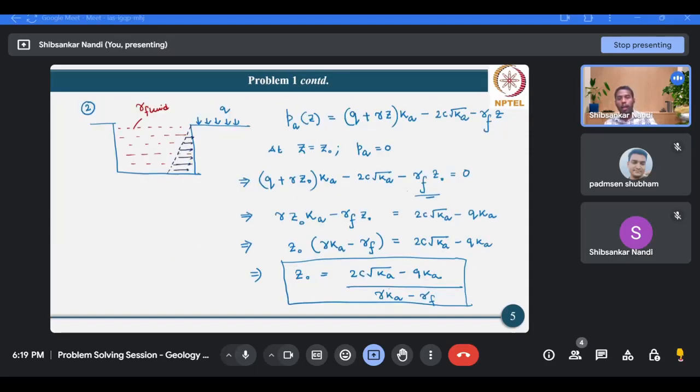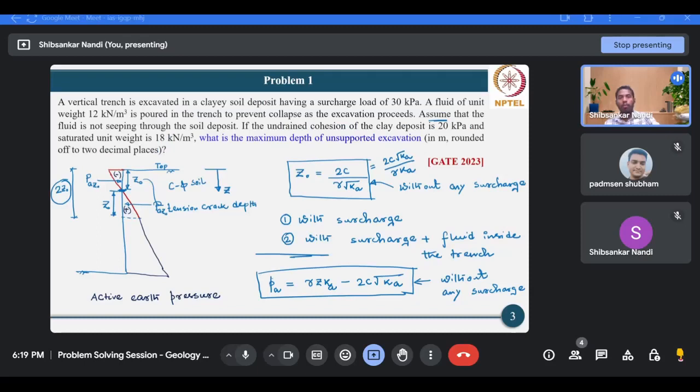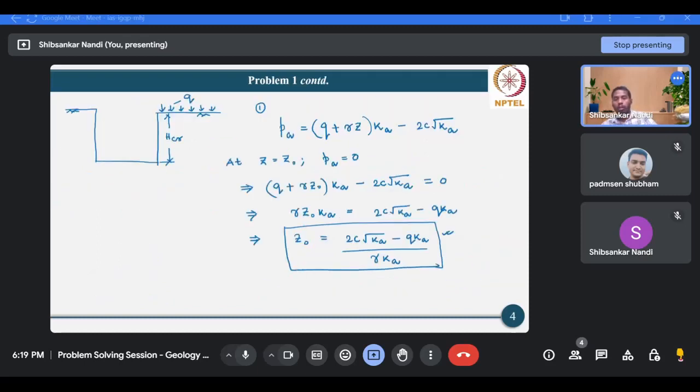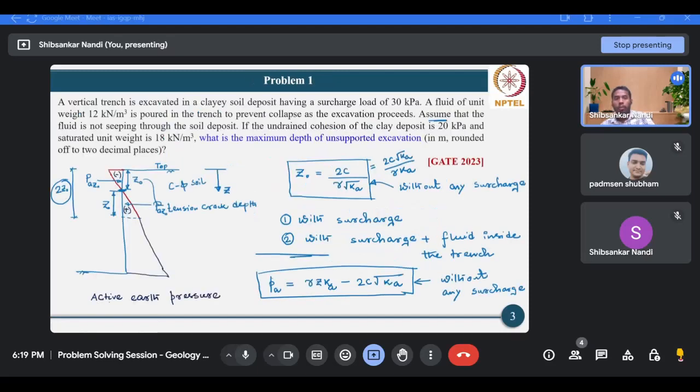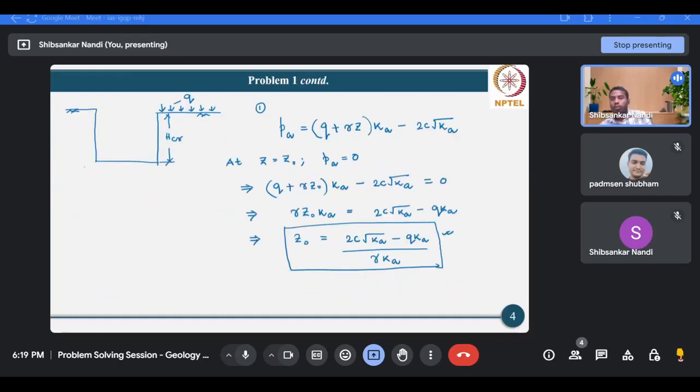Now we'll calculate the numerical values. As you can see, the undrained cohesion of the clay deposit is given as 20 kPa, the saturated unit weight is given as 18 kilonewton per meter cube, the unit weight of fluid is given as 12 kilonewton per meter cube, and the surface load Q is 30 kPa.